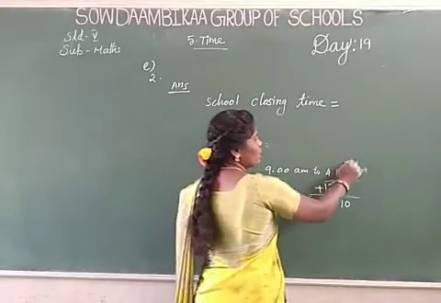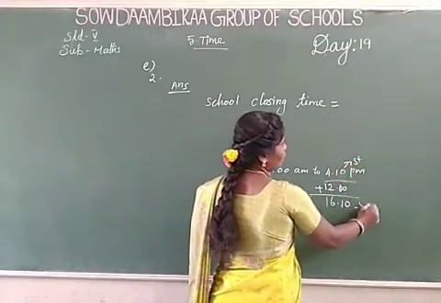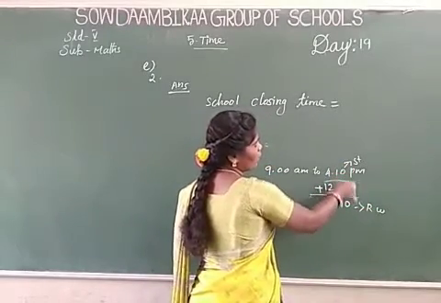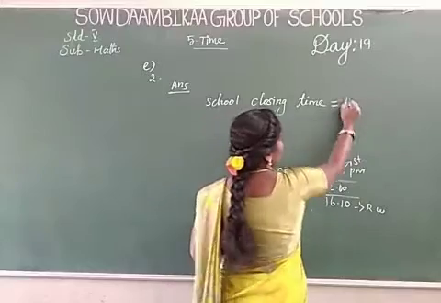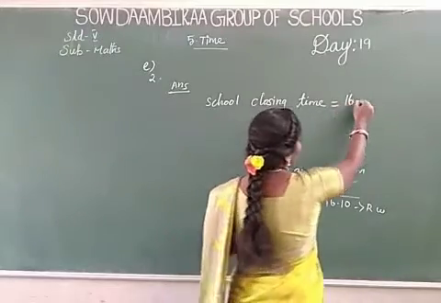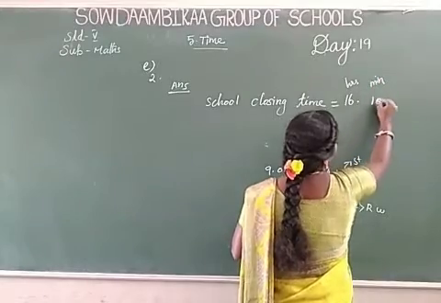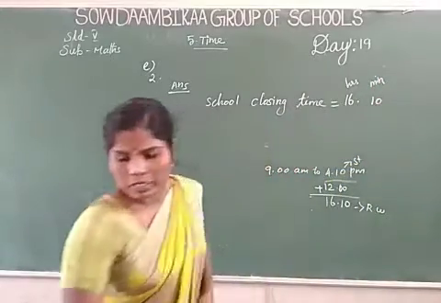This 4:10 is a standard time, you convert to railway time. So plus 12, 12 plus 4 is 16, 10 plus 0 is 10. So the answer, the school closing time is 16 hours 10 minutes. Next step.